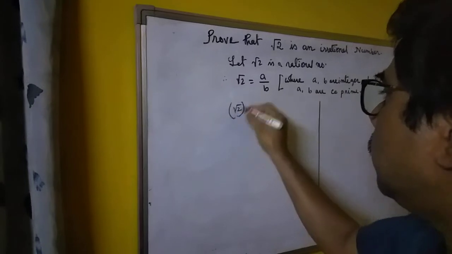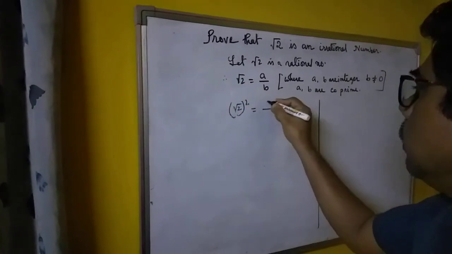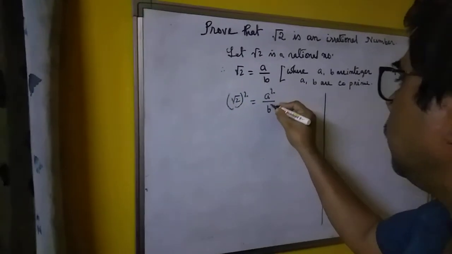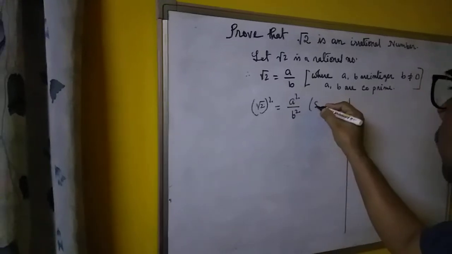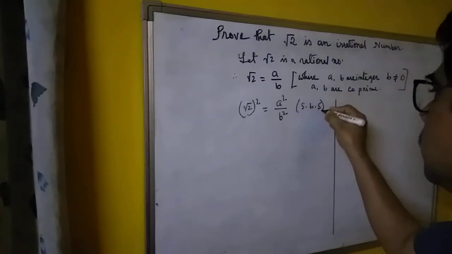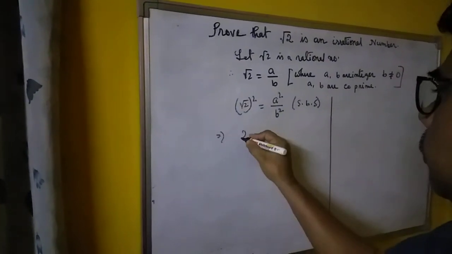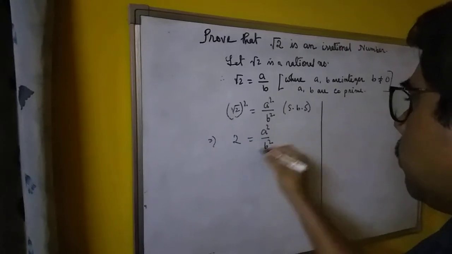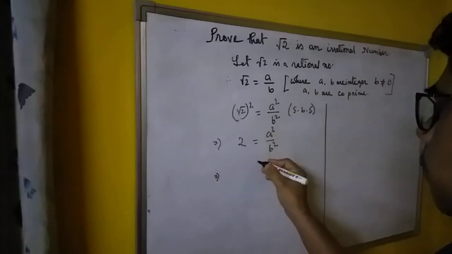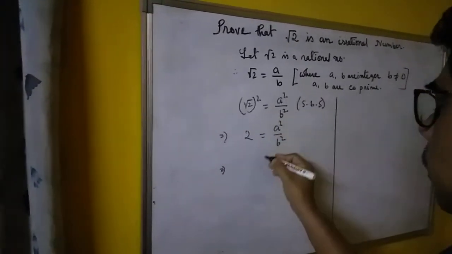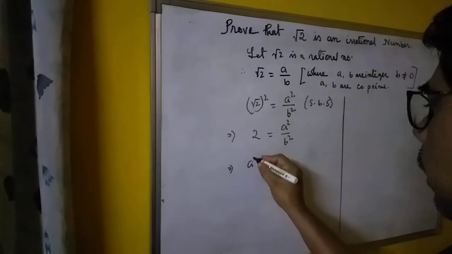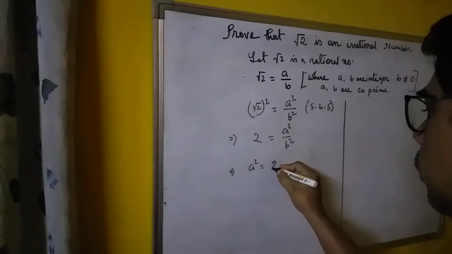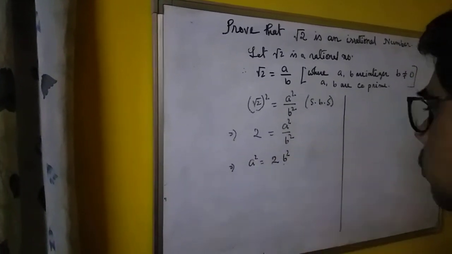Root 2 squared equals a squared by b squared, so 2 equals a squared by b squared. Cross multiplication will give a squared equal to 2 b squared.